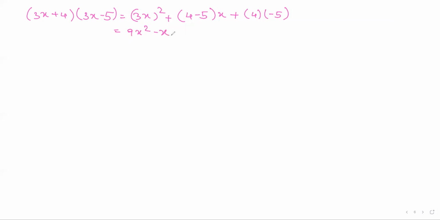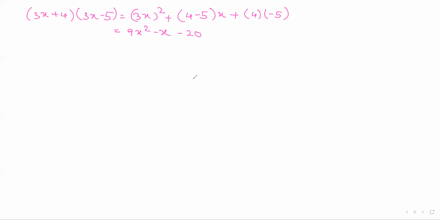Now, placing these values in the equation, you get 3x plus 4 into 3x minus 5 is equals to 3x whole square plus 4 minus 5 into x plus 4 into minus 5. This will be equals to 9x squared minus x minus 20. So that's your final value.